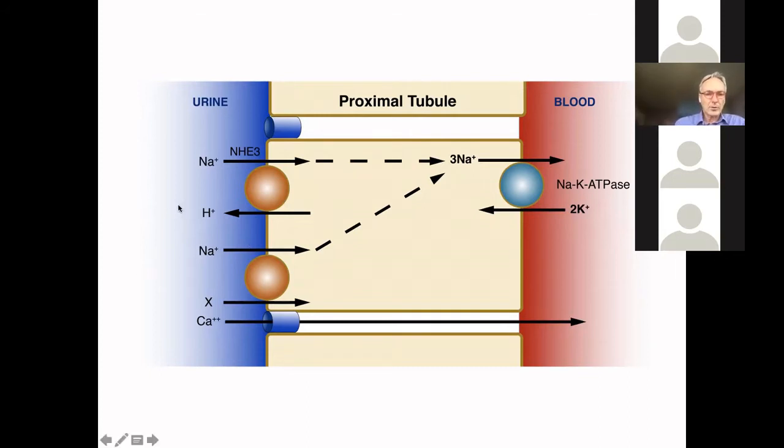And then as you remove those solutes from the tubular lumen, you also create an osmotic gradient for the paracellular reabsorption, for instance, here of calcium. So if you're not reabsorbing enough, then you're also not reabsorbing calcium there, and that's how you get the hypercalciuria.